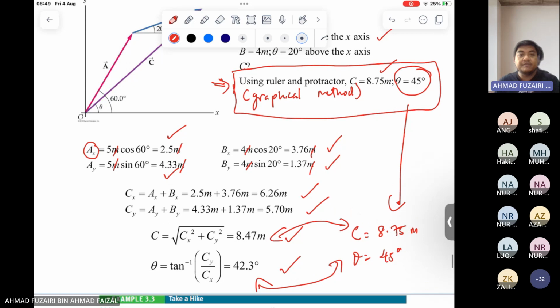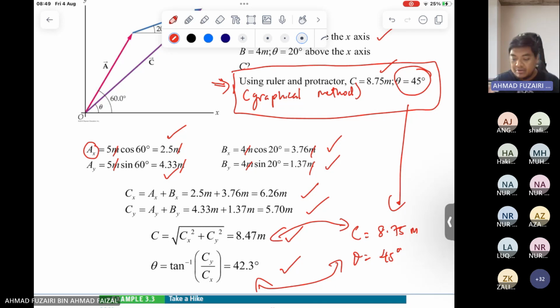Okay, doesn't mean that graphical method is salah. Bukan maksud graphical method is salah. Tetapi kalau tanya which one is more accurate, definitely the components. Okay, the components give you more accurate compared to graphical method. But if the question needs you to answer it in a graphical, you need to answer it in graphical.